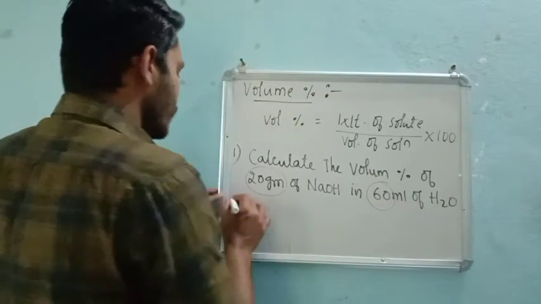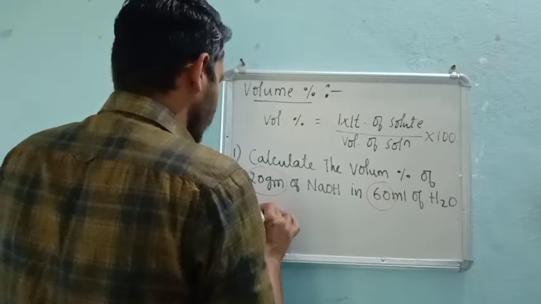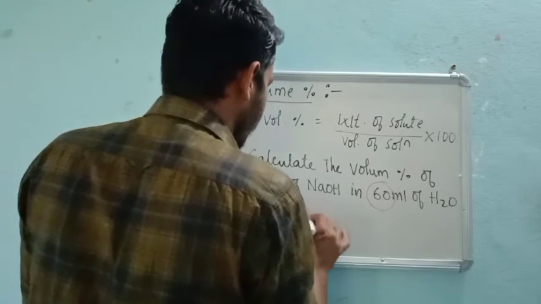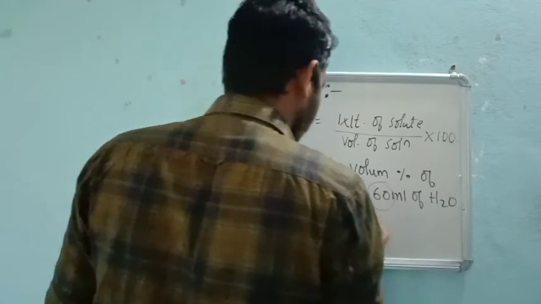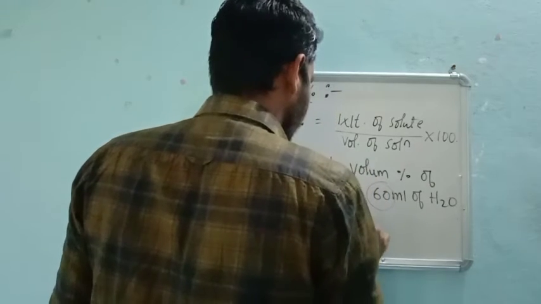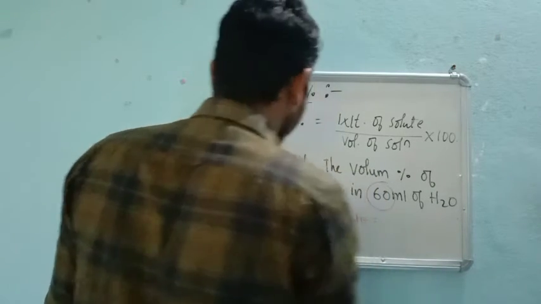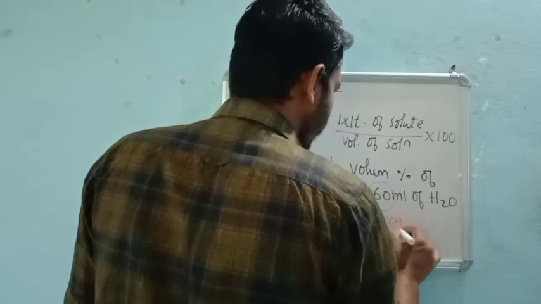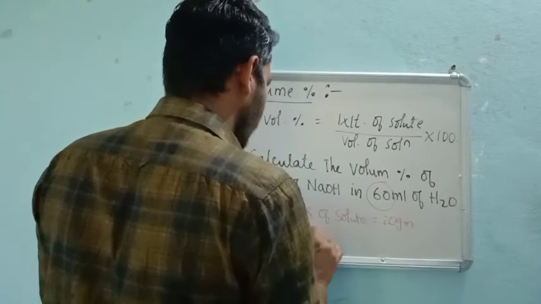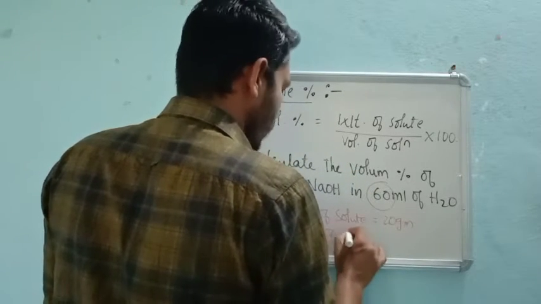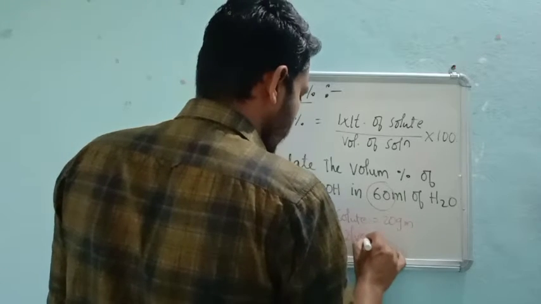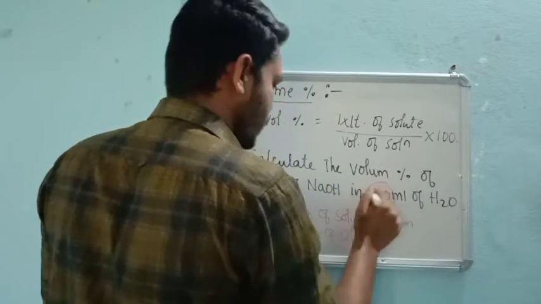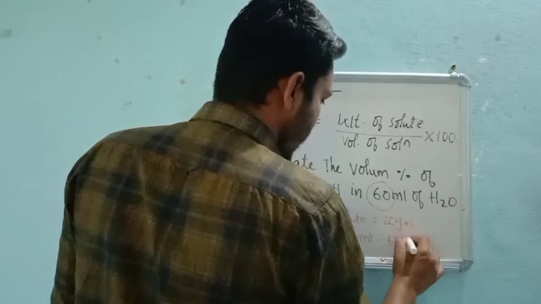So now, the mass of NaOH, the solute, is equal to 20 gram. And the volume of solvent is 60 ml.